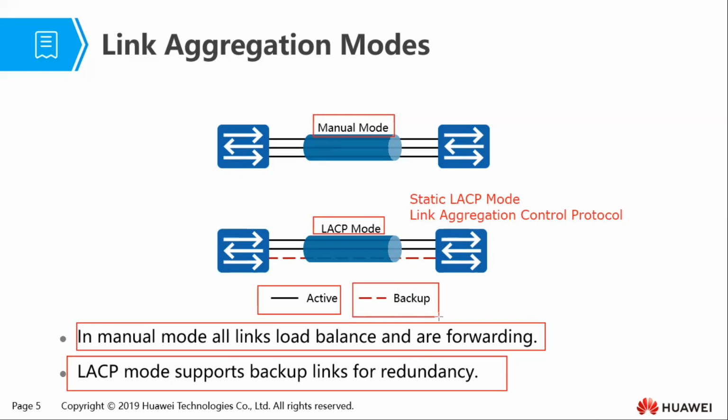So in case an active link goes down, a link that has been acting as backup will pick up and start forwarding data. How does the switch decide which backup link replaces an active link that has gone down? It looks at the interface priority. So the interface with the highest priority is the one that is going to replace the one that has gone down.